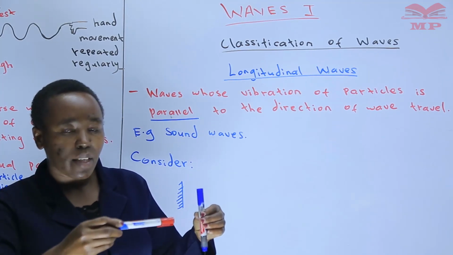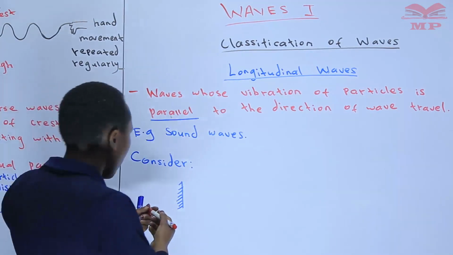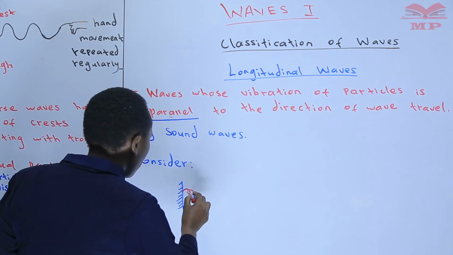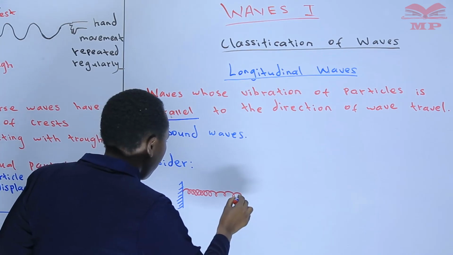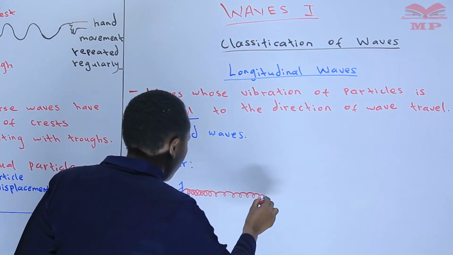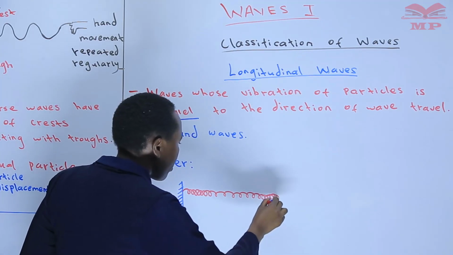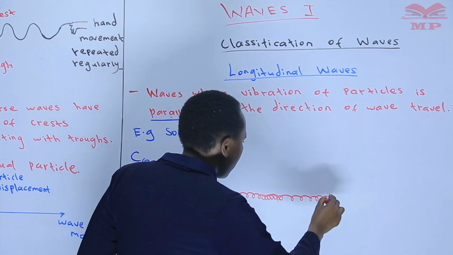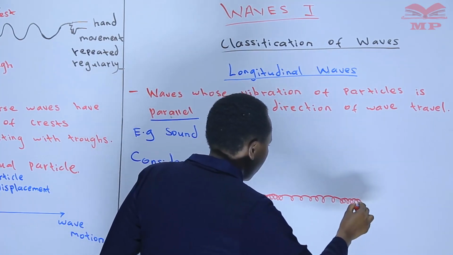So we are going to have our spring as follows: some sections where the coils are very close to each other, and some other points where they are far away from each other. Here it is closer, far away, closer again, and so on.